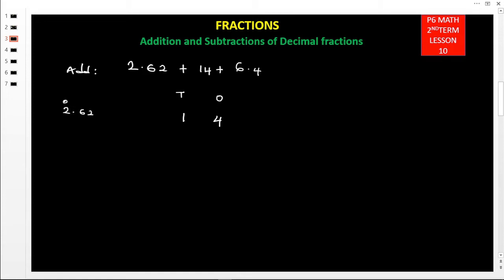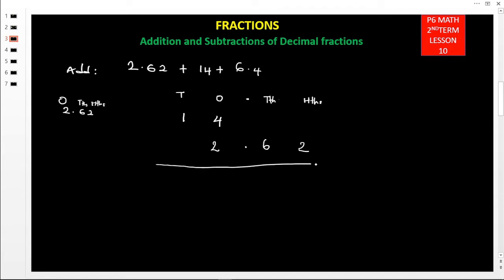This 2 is under ones, this 6 is under tenths, and this 2 is under hundredths. If I bring it here, I introduce a point, and after the point, decimal place values: tenths, then hundredths. So the 2 goes under ones, then the point comes here, then 6 under tenths, and 2 under hundredths.